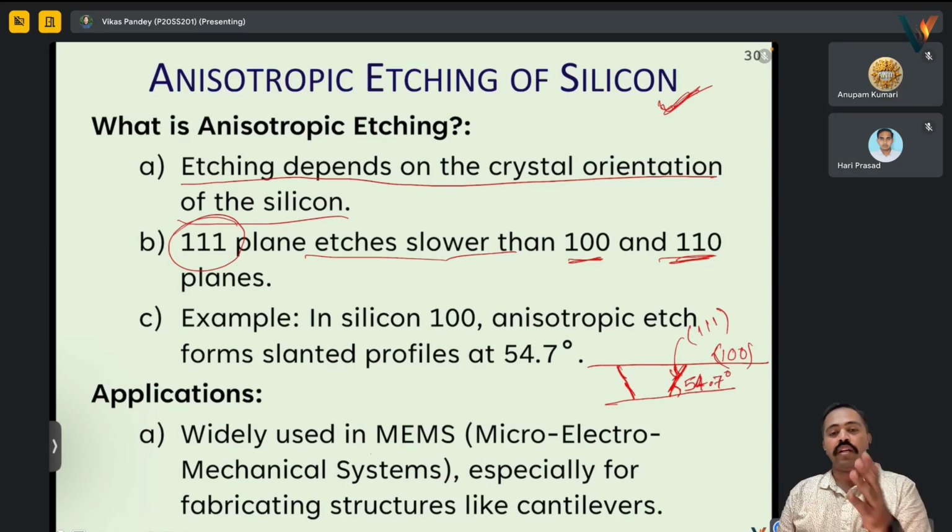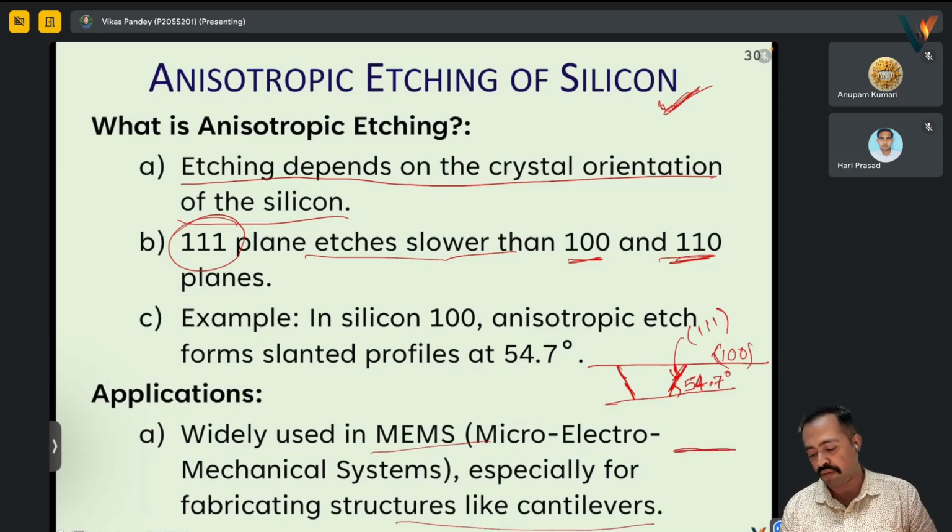Since we know that the etching will stop at this profile, at this angle, it is especially used to form structures like a cantilever, which have to be hanging structures. Suppose we need to make a hanging structure. We will etch out the silicon below it.